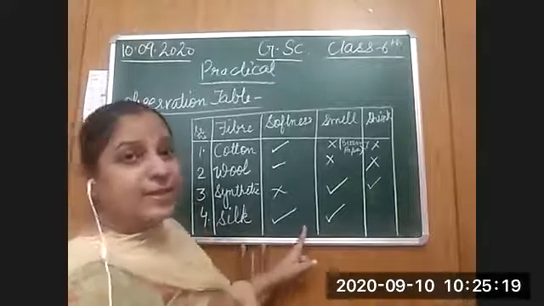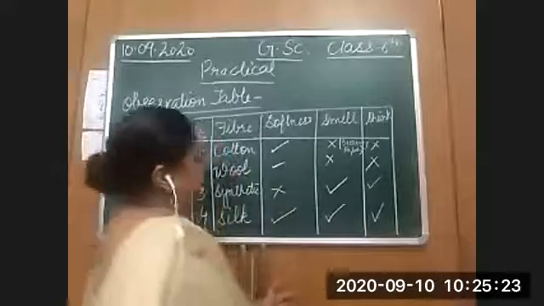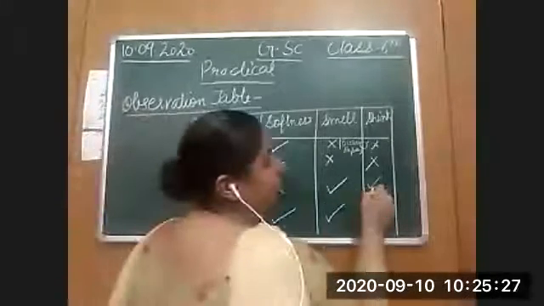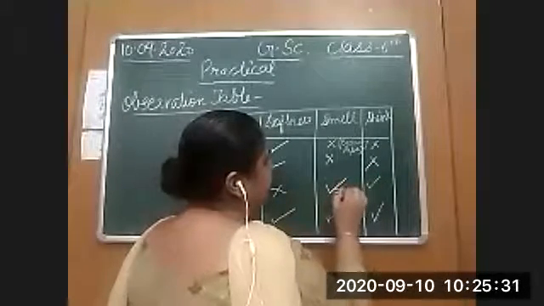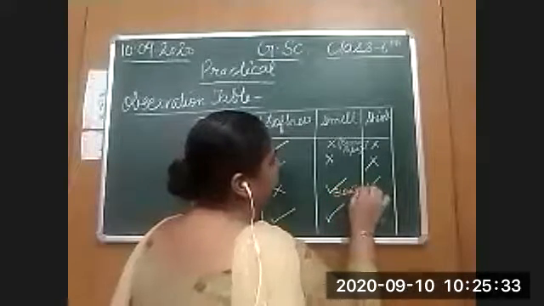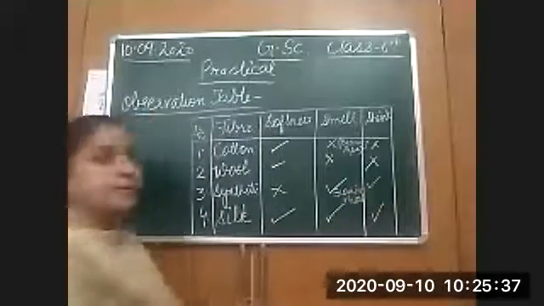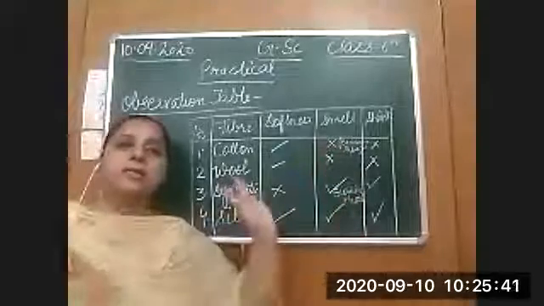Then you burn the silk, it will also shrink. When you burn the synthetic, it will give you the smell of burning plastic. कैसी smell आती है आपको? Burning plastic. Right? You can write these observations.